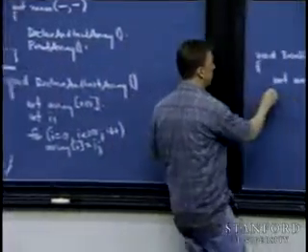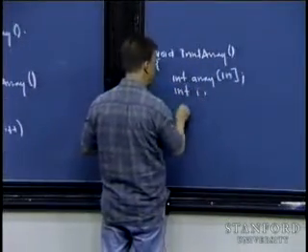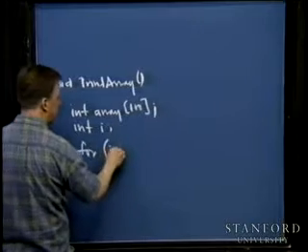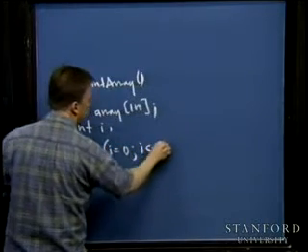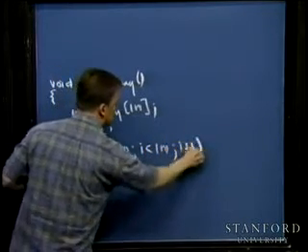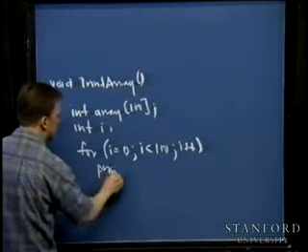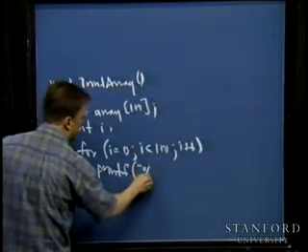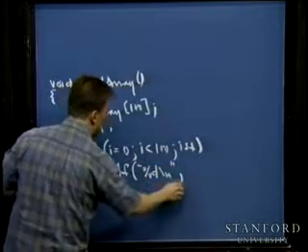And they do this for i equal to 0. They get the for loop bounds right again. That's not the issue. printf %d\n array of i.